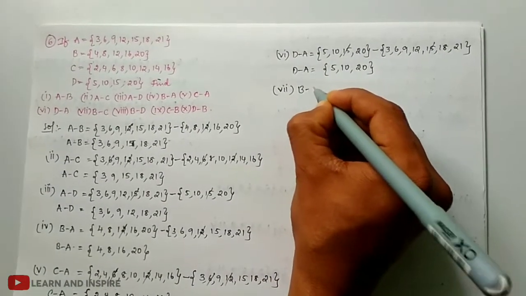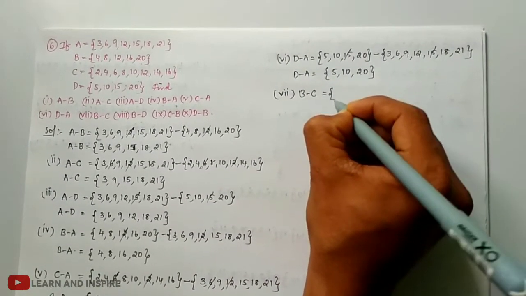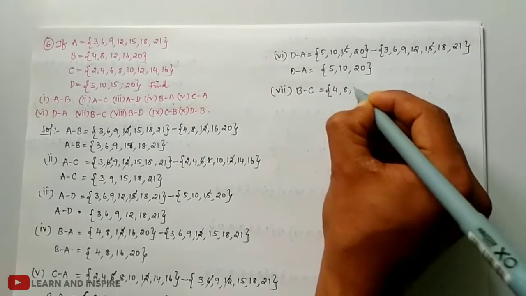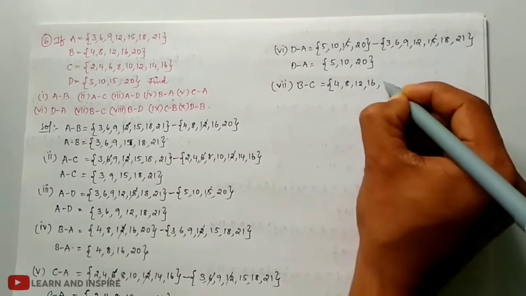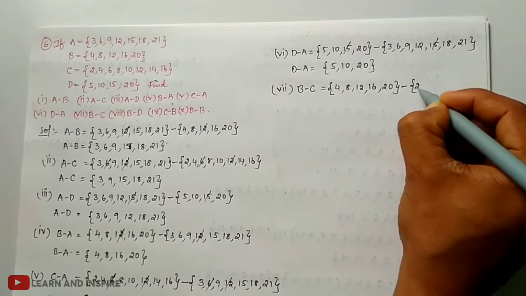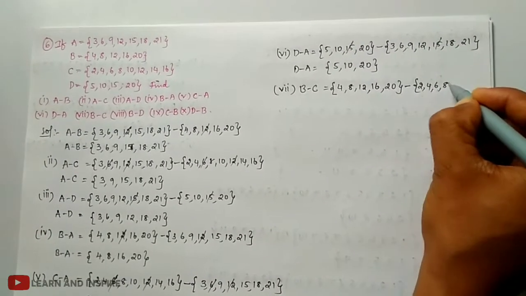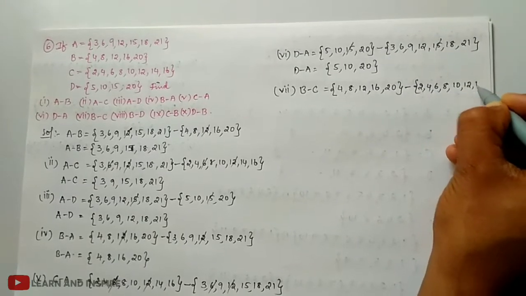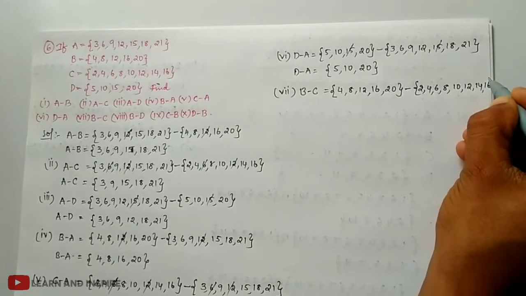B minus C. So what is the set B? 4, 8, 12, 16, 20 minus C: 2, 4, 6, 8, 10, 12, 14, 16.